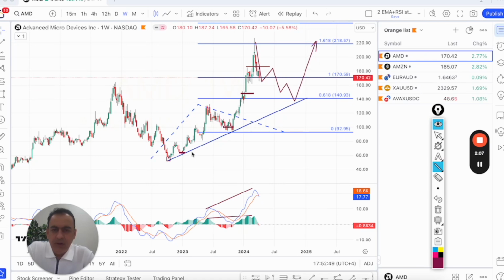So I have plotted a rising trend line connecting the low points, and if we get a deeper pullback, currently it has come back to fib extension of 100%, that is 170.59, and the next lower fib level of 0.618 is around 140. So if we get a deeper pullback, it may complete the confluence of the rising trend line retest along with the fib extension level of 0.618.